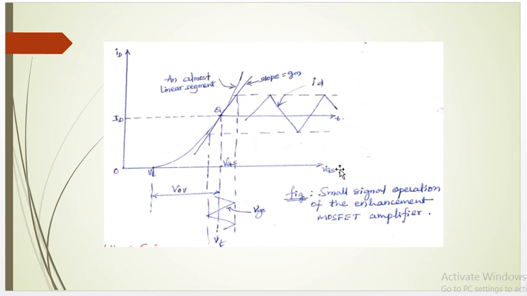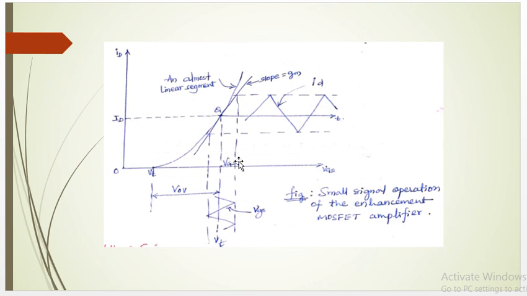Please observe this is VGS. In the earlier graph, the analysis of MOSFET characteristics, we analyzed ID versus VDS characteristics. Now we are analyzing ID versus VGS, the gate to source voltage. At the bias point, biasing means only DC sources are involved. The current that is flowing is ID, and the voltage available is VGS.